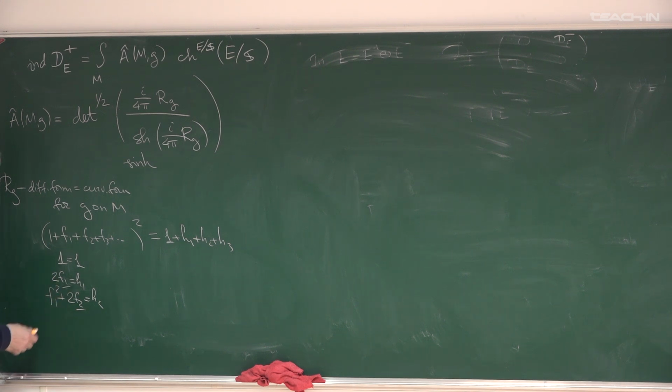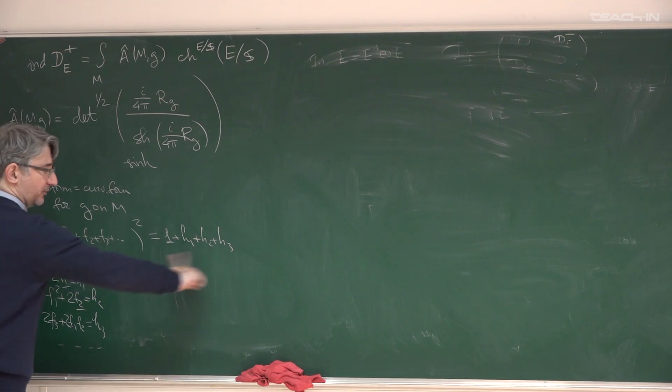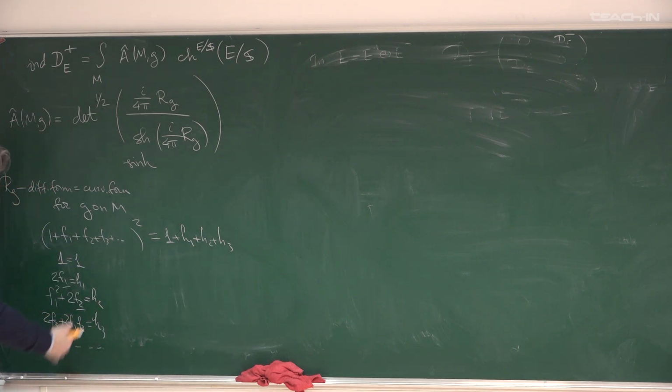What about f3? 2f3 plus f1 f2 twice, from one side and the other, equals h3, and so on. By induction, you write similar formulas, so this series is just the square root of that series. It can be defined by induction. The same happens here. Okay, so the first term is okay.